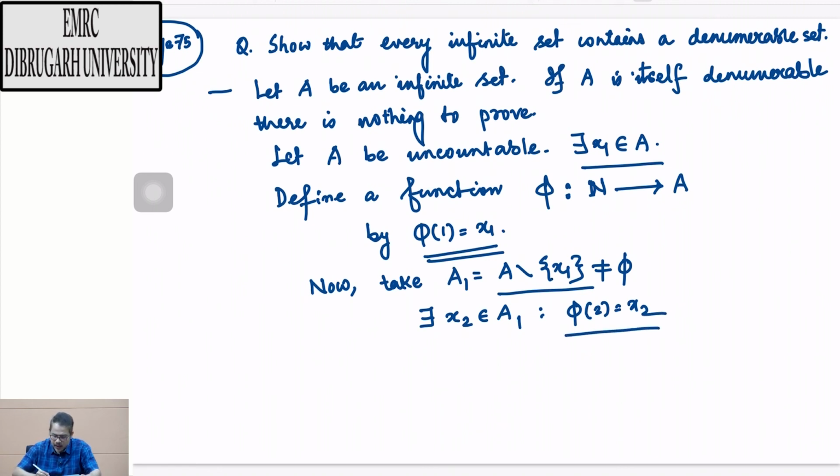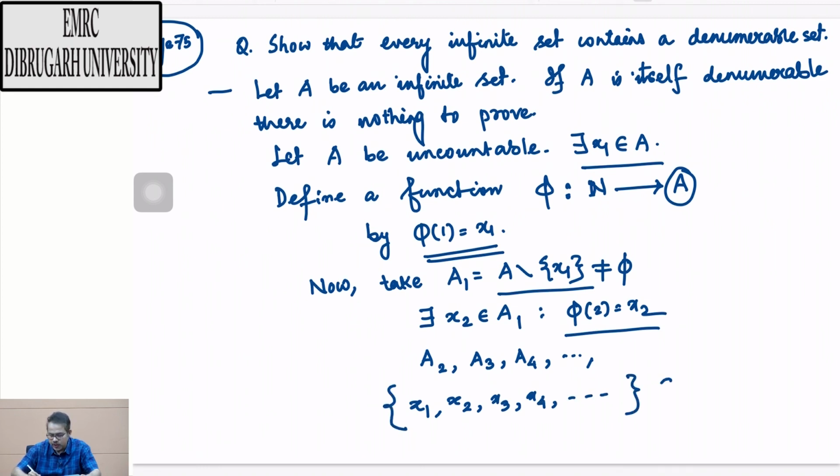And similarly, for each such A2, A3, A4 and so forth, which are generated from the original set A, we can find a sequence, or a listing of elements like x1, x2, x3, x4, a set which is of course a subset of A, and this set is denumerable.